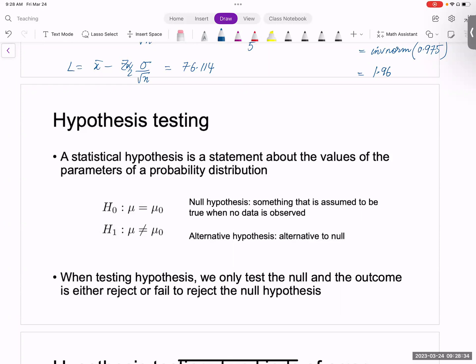Now, null hypothesis is usually something that you assume to be true when you have not observed the data, something that rationally makes sense. Think about it this way. Let's say you go to a city and you want to dine out for dinner.